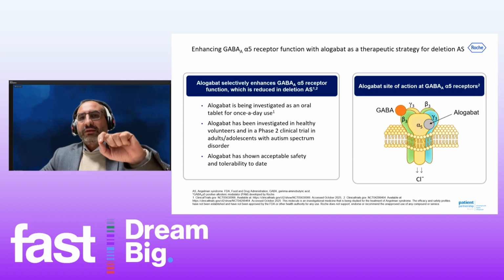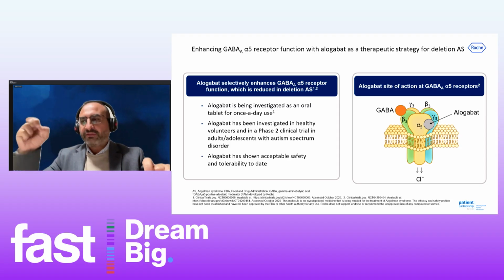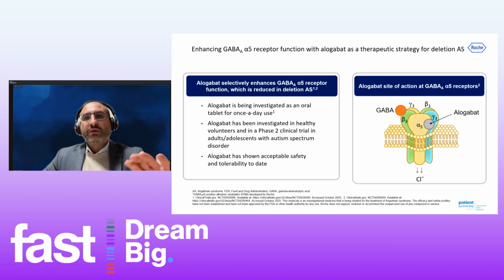Here comes Alogabat, the investigational medicine which we are investigating in the Aldebaran study. Alogabat is a GABA alpha 5 positive allosteric modulator. It binds to the GABA alpha 5 receptor and can enhance its function. Alogabat is an oral therapy, investigated as a once daily medicine.